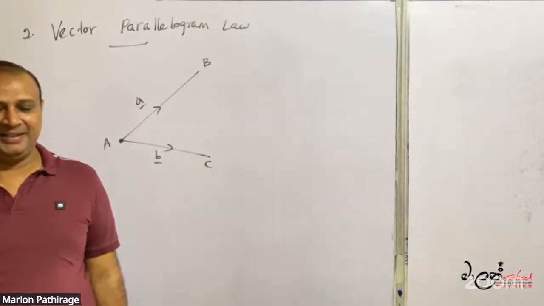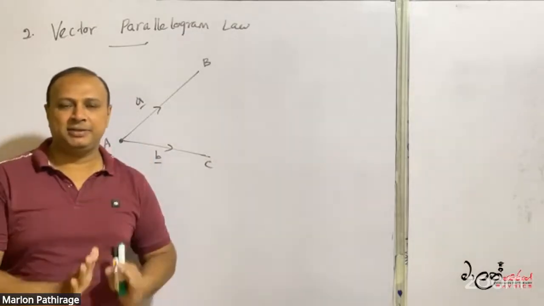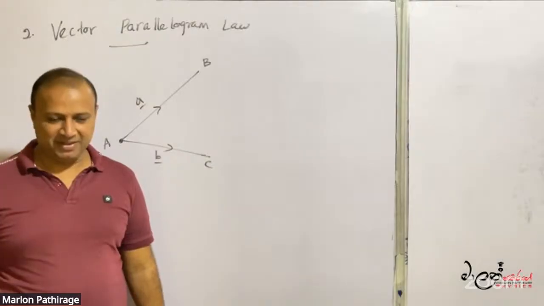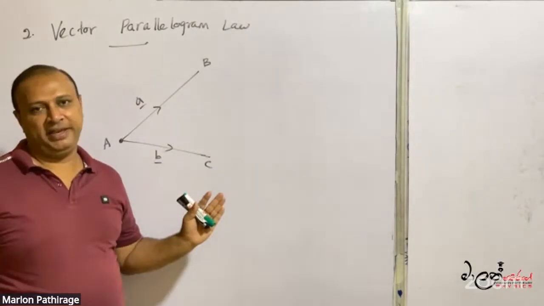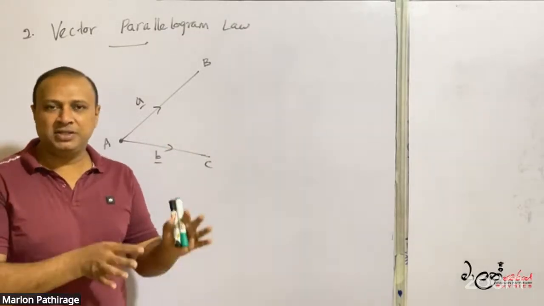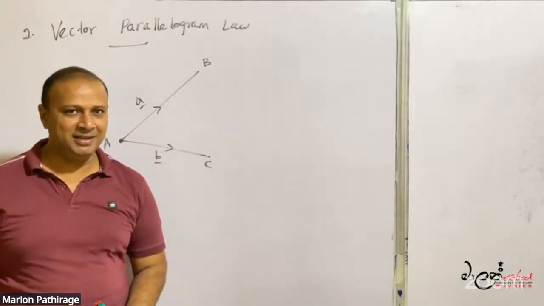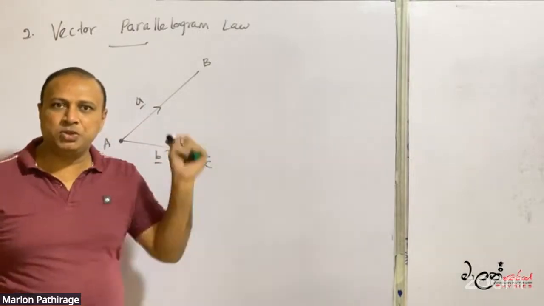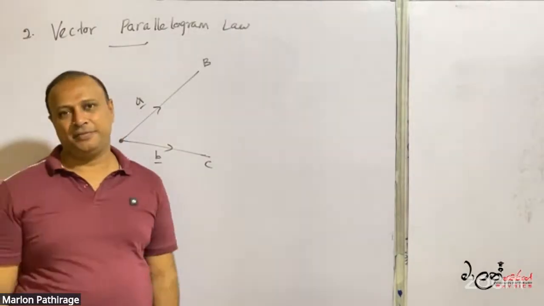Scenario. So in such cases, there should be another methodology to add such kind of vectors. Okay, so that methodology is vector parallelogram law. Actually, this one also is developed using principle of vector addition, but the special thing is this law is developed to add two vectors which are acting at the same starting point.